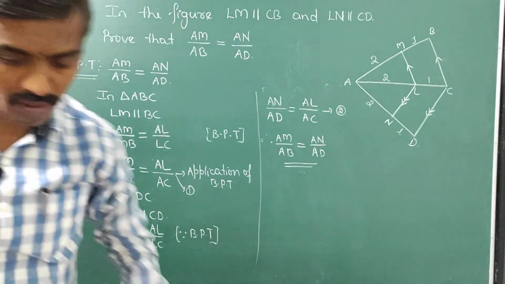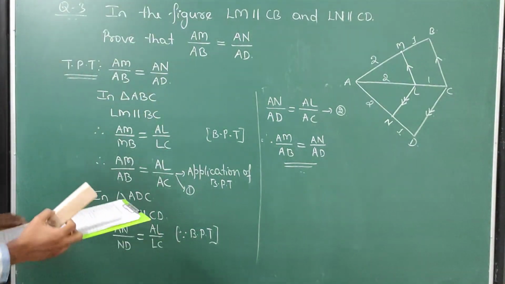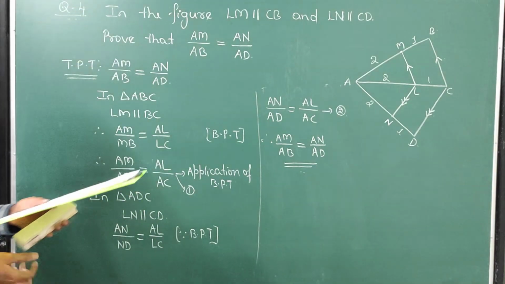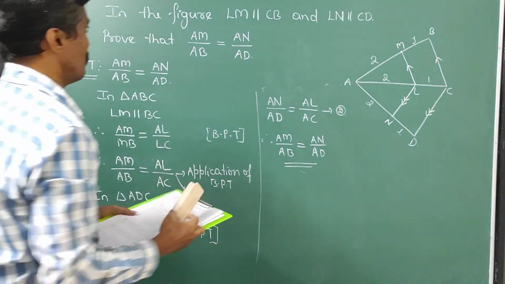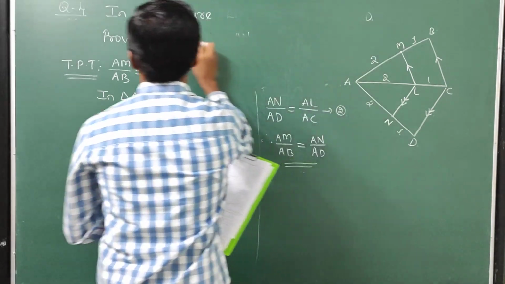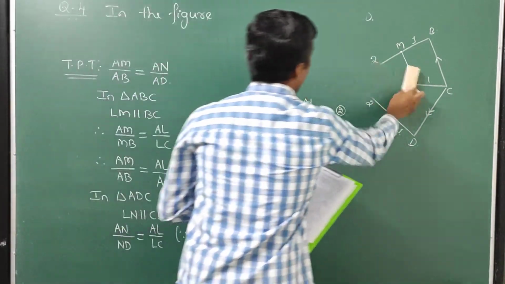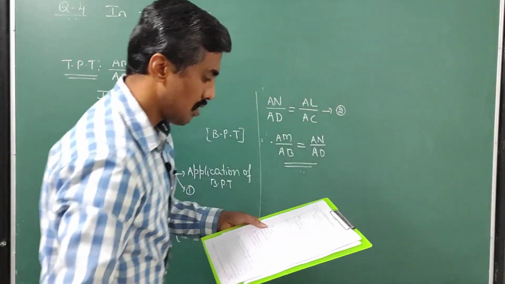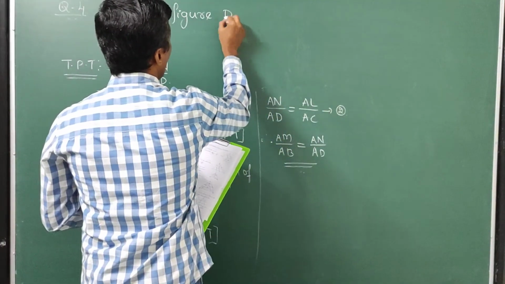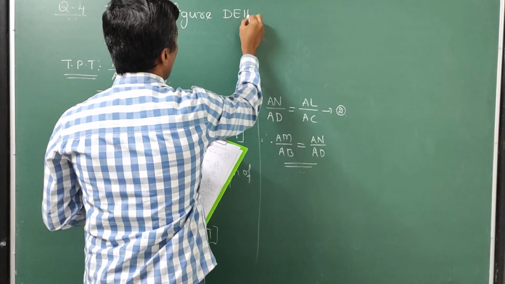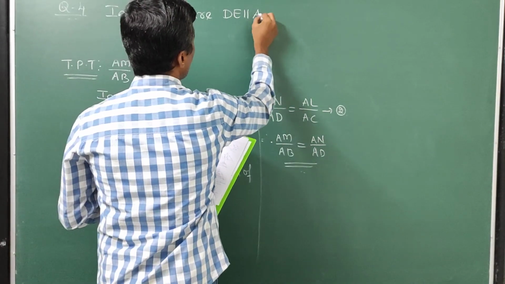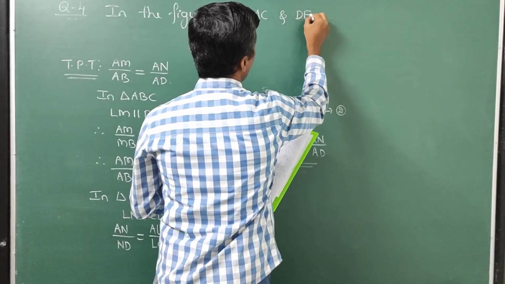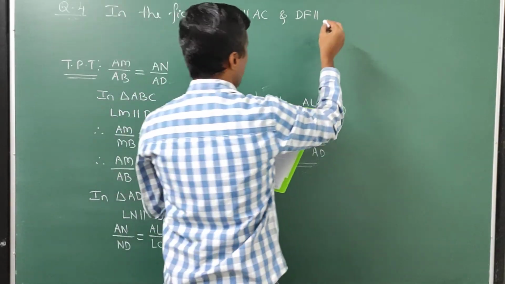Now I will move on to the next question, question number 4. In the figure, DE is parallel to AC and DF is parallel to AE.